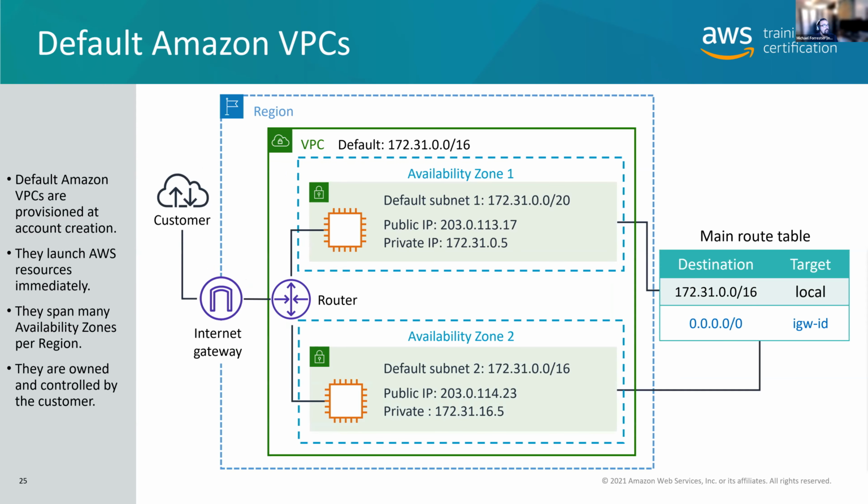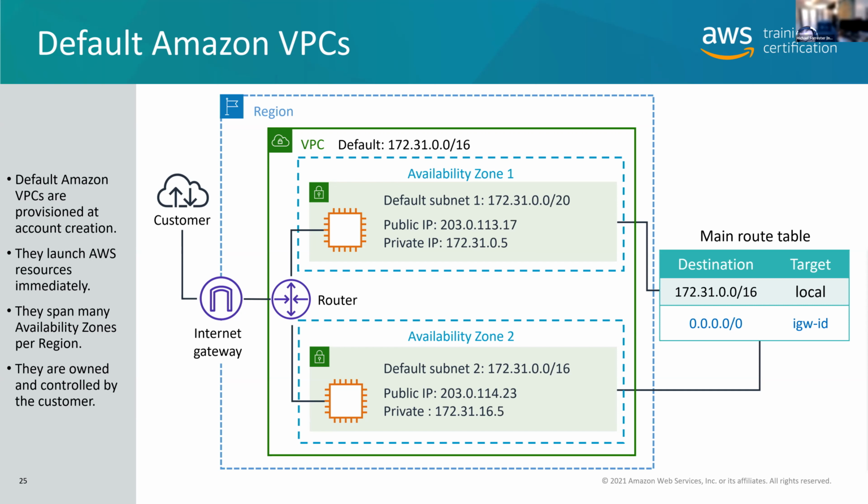Now here we have the default Amazon VPC. One thing I may have mentioned is that every single region, every single account has what they call default VPCs. These are created when you provision your account, and they're just there so that you can launch resources quickly. Amazon's trying to make it easy. They're always 172 addresses. They're always /16s.